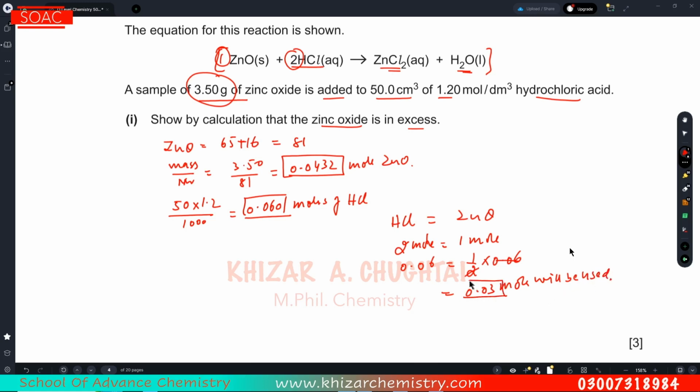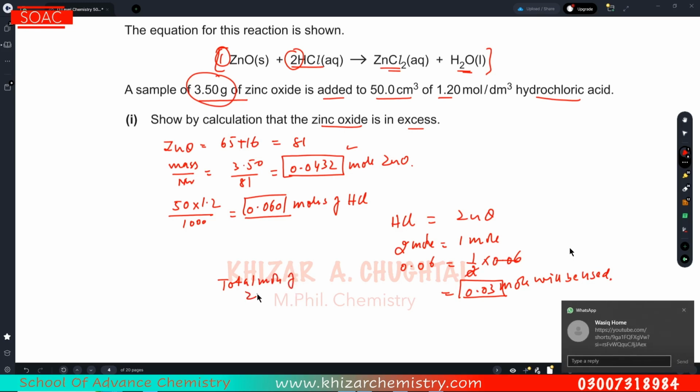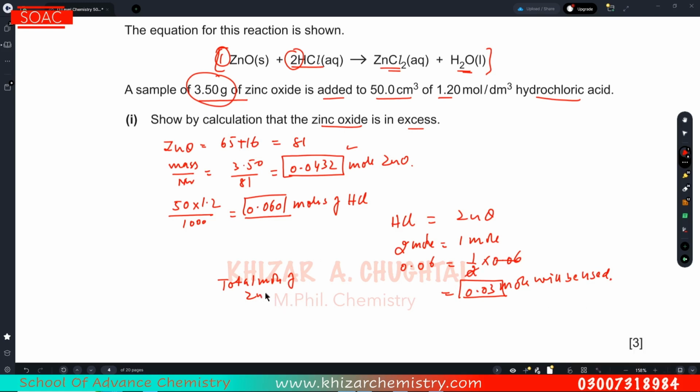So that is the quantity of the ZnO that is going to be used in this case, and the total mole of zinc oxide is this one. Total moles of ZnO is equal to 0.0432, and this mole used.